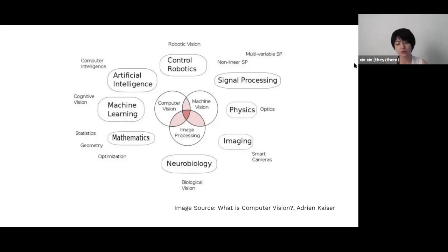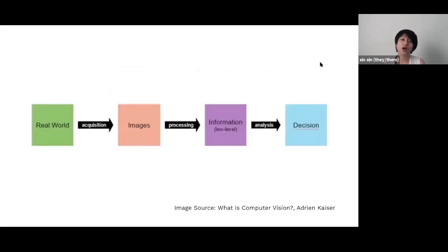So once we start thinking about how a computer sees and what it can see, it's all around us and making all kinds of important decisions.